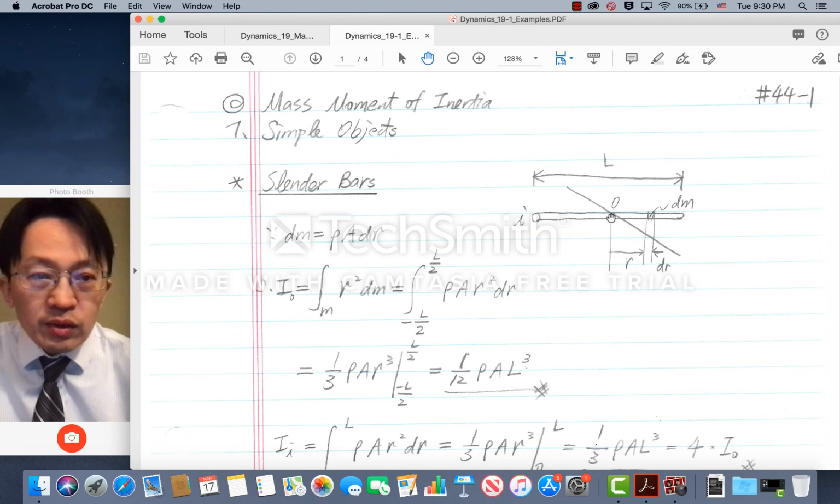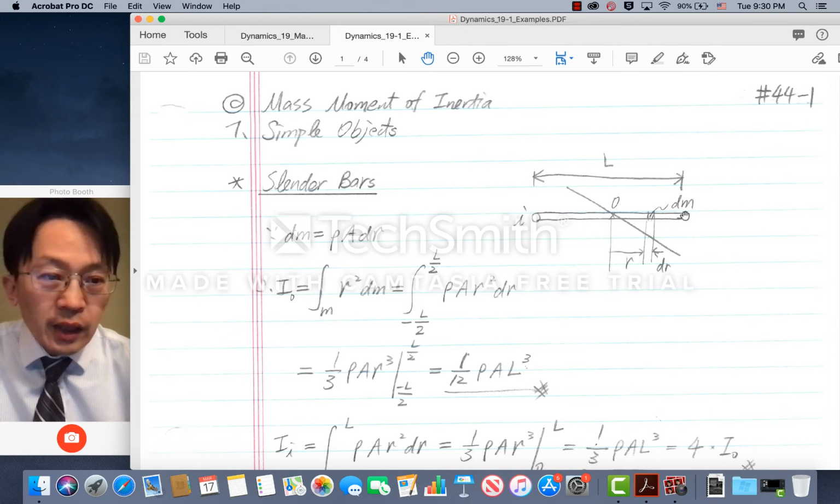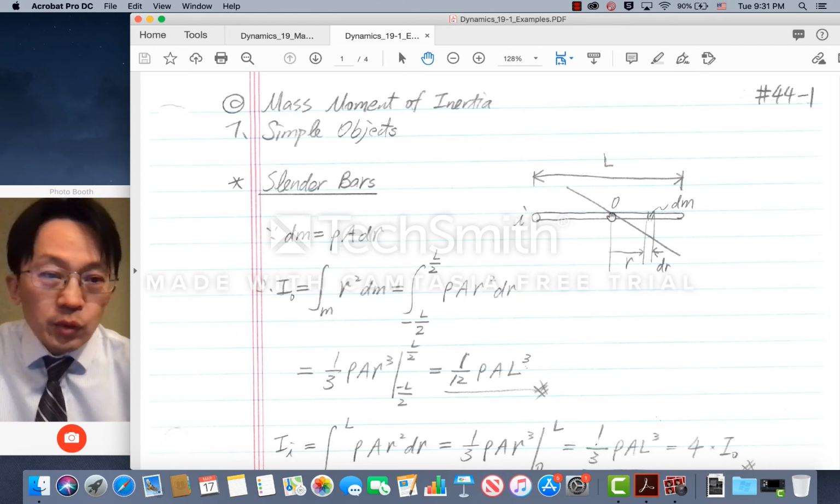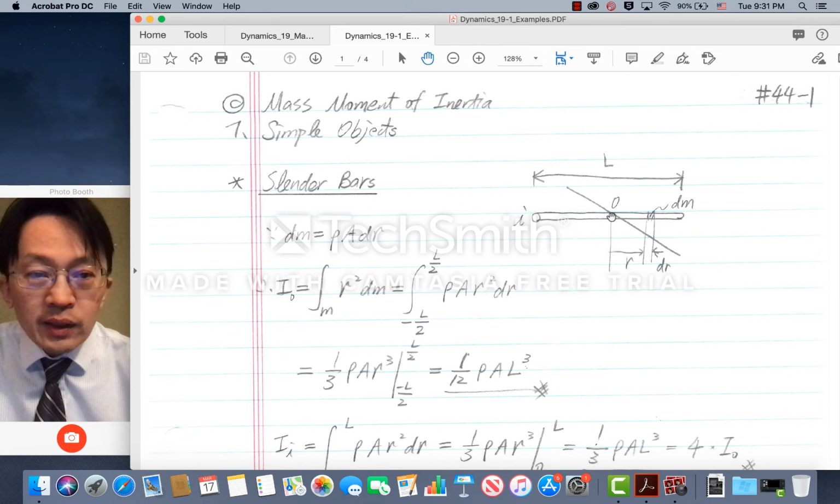Because we want to integrate over the entire slender bar from one end, called I, to the other end, and the center of mass is at the middle point, we will integrate along the longitudinal axis. In terms of the values, it's going to be from negative L over 2 to positive L over 2. So we have defined the lower bound and the upper bound.